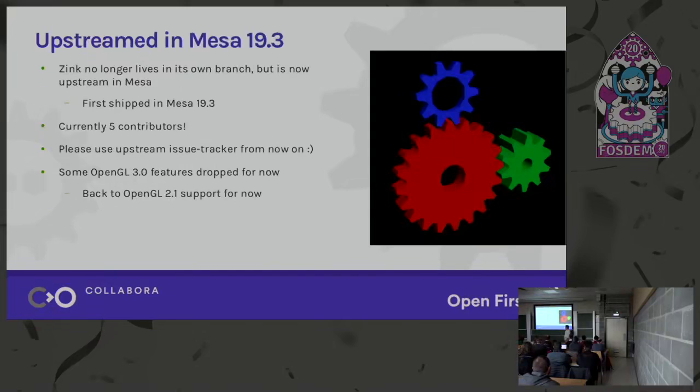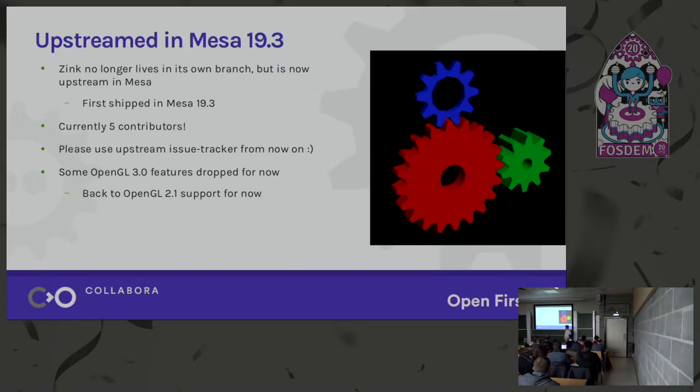So this fall, Zink got upstreamed in Mesa and became a part of Mesa 19.3. So it's no longer living in a branch. It's now shipping. It's not compiled by default, but you can enable it the same way as you enable any Gallium drivers.